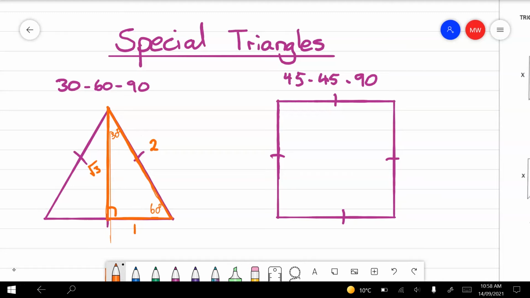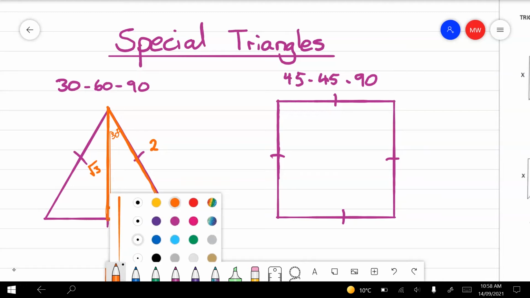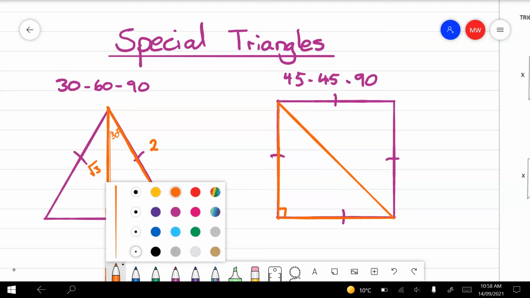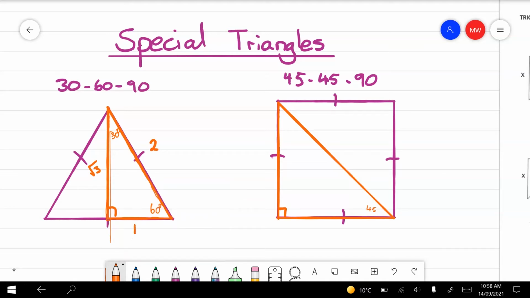The second one is a 45, 45, 90, and this triangle is usually formed when we chop a square in half. So what we'll end up with is a triangle that has got a 90-degree corner there, and the others are 45. Obviously, this forms an isosceles triangle, so these sides are the same, so they have a ratio of 1 to 1.